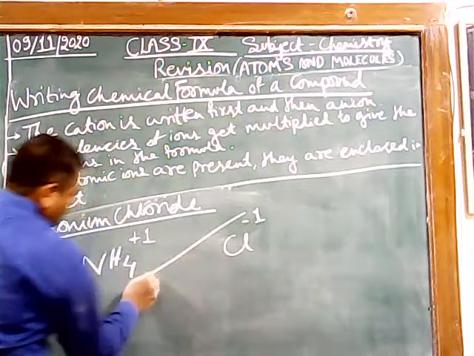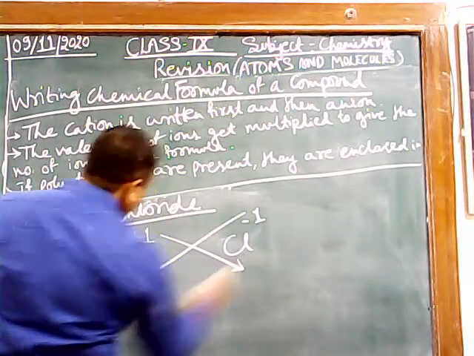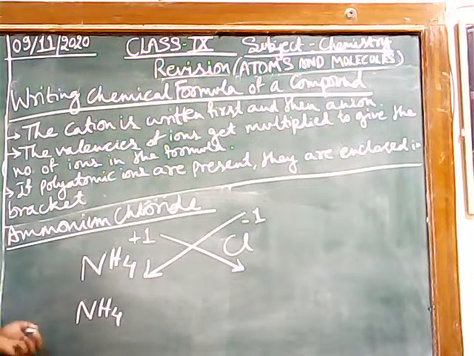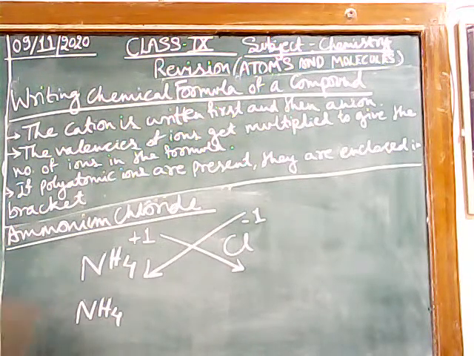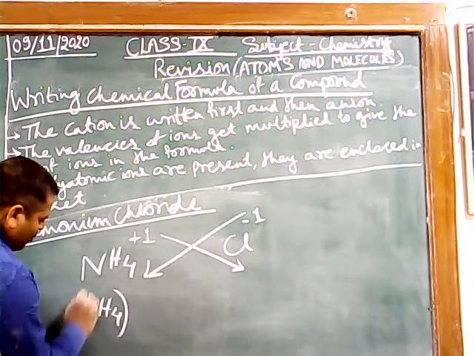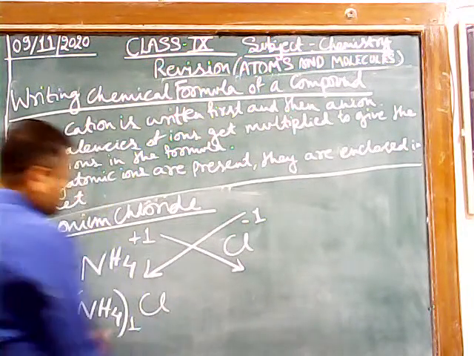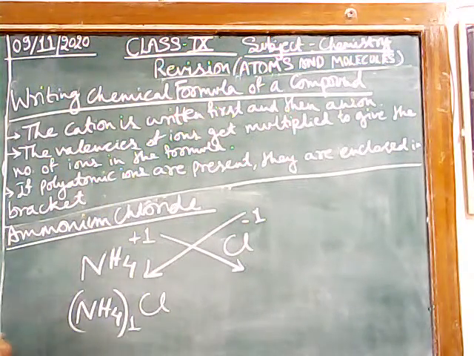Plus 1 cross multiply, minus 1 cross multiply, NH4. Now, see children, since this ammonium is a polyatomic ion, it has to be enclosed in the bracket. And ammonium 1 and chloride 1. Okay, so this is the correct formula for ammonium chloride. So you will be solving these questions related to chemical formula.